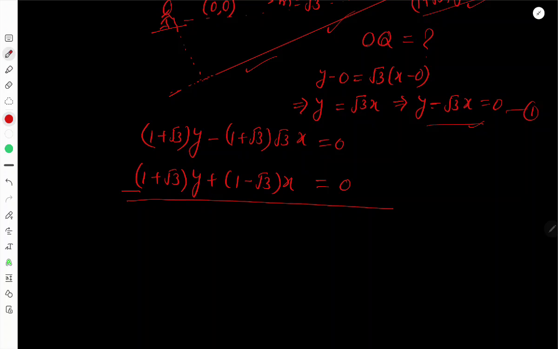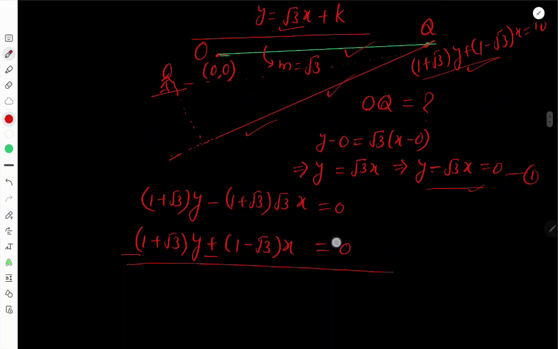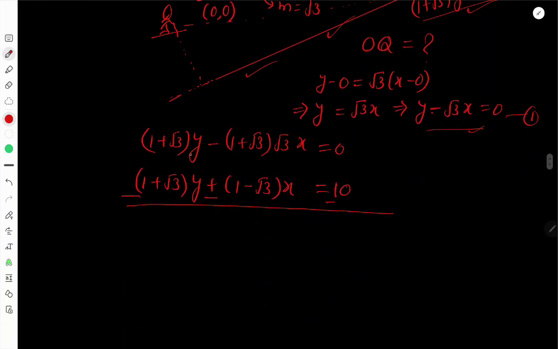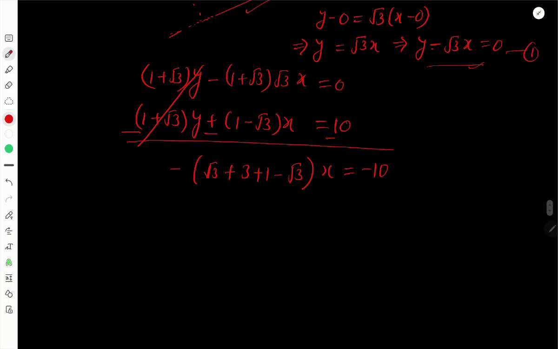This gives minus, 1 into root 3 plus 3 into root 3, and with minus taken common, both get added. So 1 plus 1 minus root 3 x is equal to minus 10. The minus root 3 terms cancel, 3 plus 1 is 4, so 4x is equal to 10, meaning x is 10 by 4, that is 5 by 2.